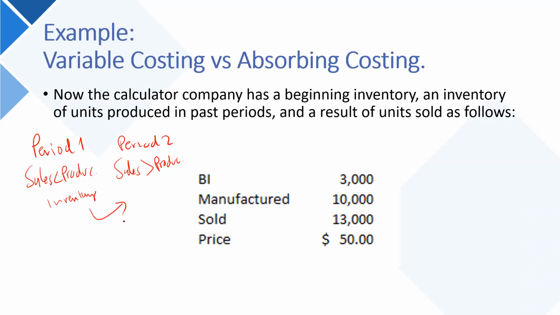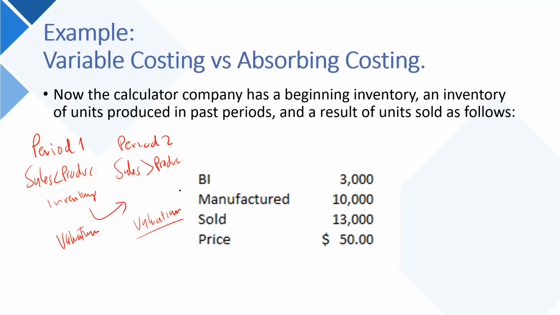And there is a chance that the inventory from period 1 has a different valuation than the production valuation you have in period 2. So the thing here is how we can see that effect in both variable and absorbing type of analysis.